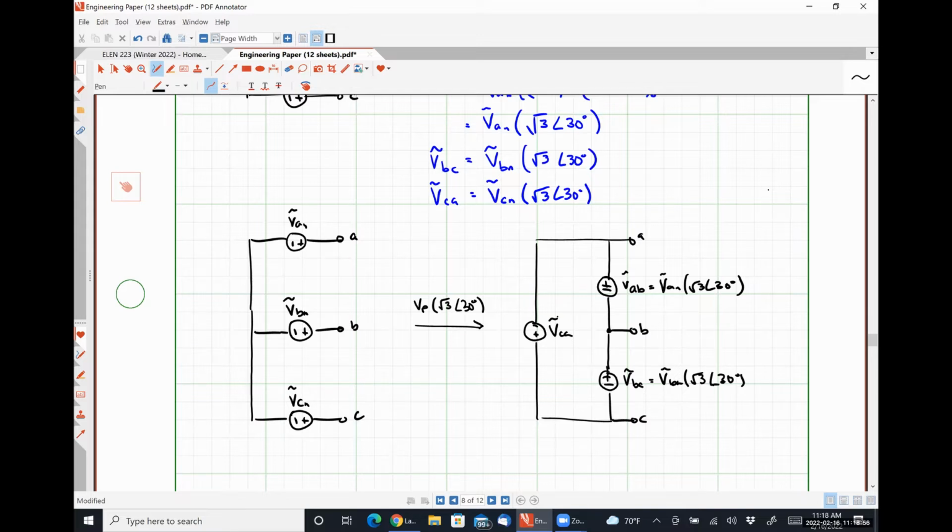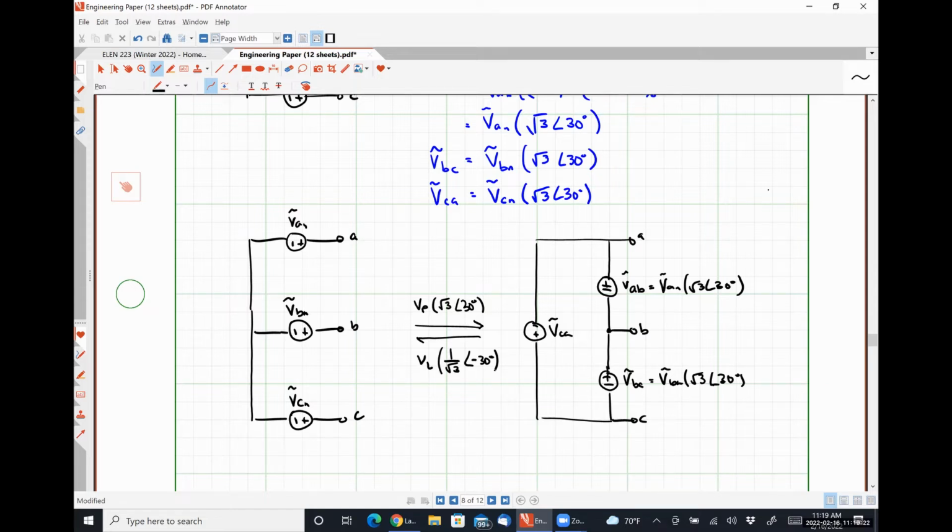So to go the other direction, we take our line quantities, which I'm going to call VL, and multiply by 1 over square root of 3 with an angle of negative 30 degrees, which is the exact same thing as dividing by that same conversion factor.